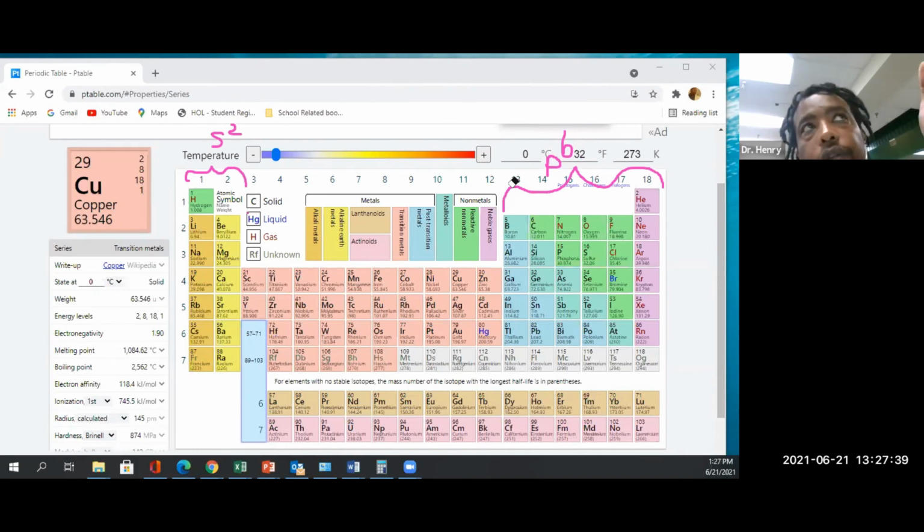So the S holds 2, the P holds 6. Altogether, that adds up to 8. So 2 plus 6 is going to equal 8. Now, if you look at it, the noble gases, excuse me.